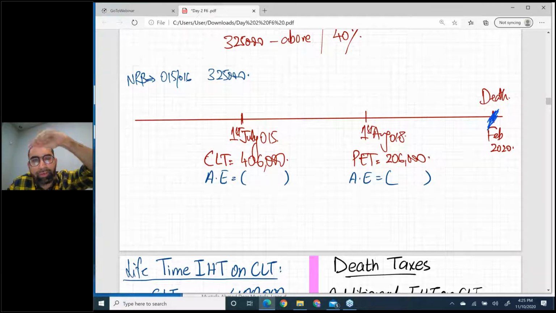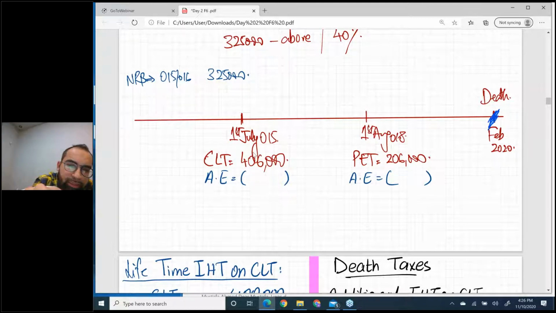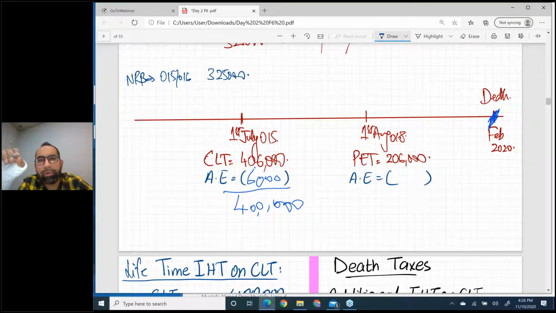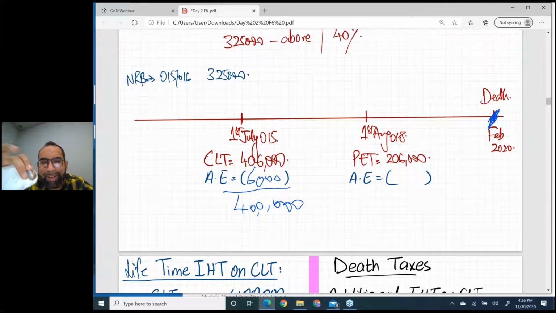So 3,000 of last year and 3,000 of this year makes 6,000. So 406,000 less 6,000 will make 400,000. Please forgive my bad writing, because right now I'm writing with a broken hand.